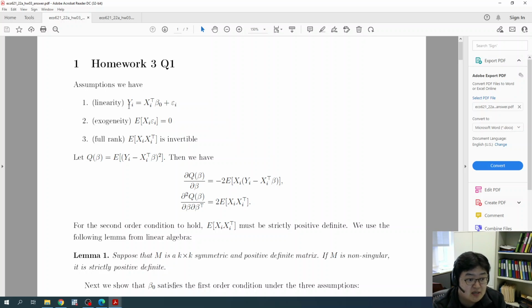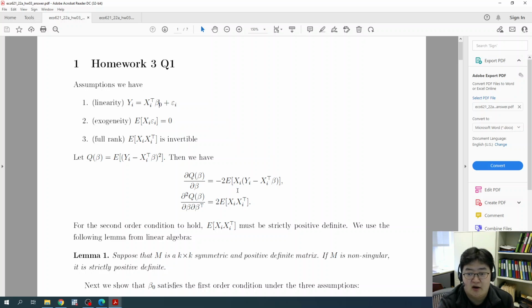We have 3 assumptions, nothing new, just the same assumptions we used to have, and the criterion function defined this way. Then we are going to show that beta 0 is the unique minimizer of this function. To show the unique minimizer, we need to check that the function is strictly convex and that the first order condition is satisfied.